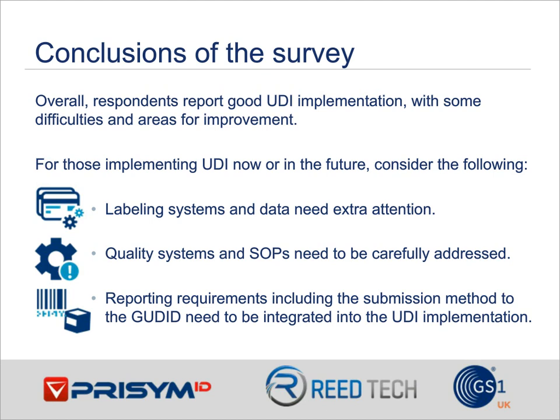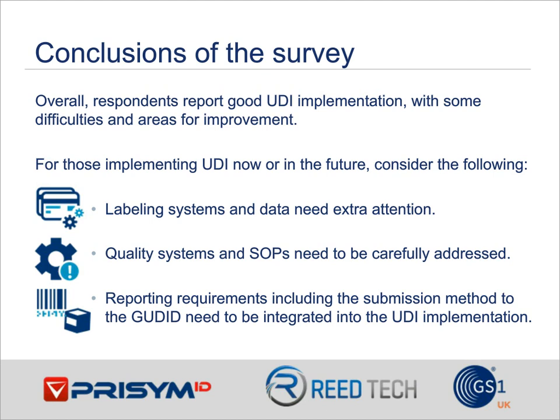So stay tuned. Now I'd like to invite Gary to talk about the upcoming challenges of meeting the GUDID submission deadline of this coming September. Gary, you want to take it away? Sure.